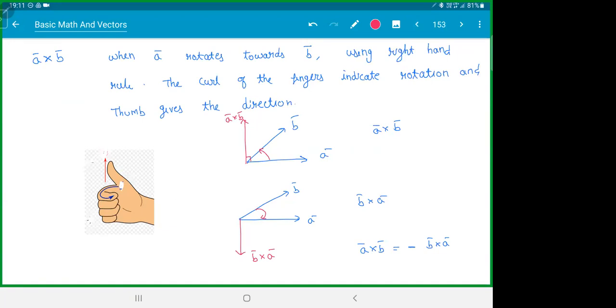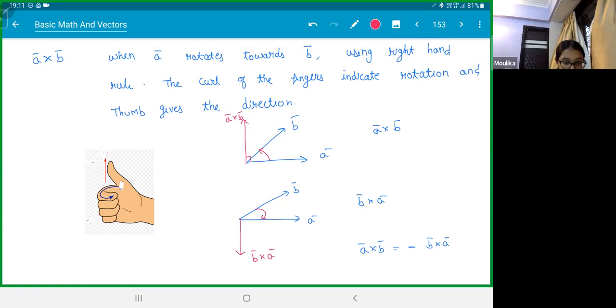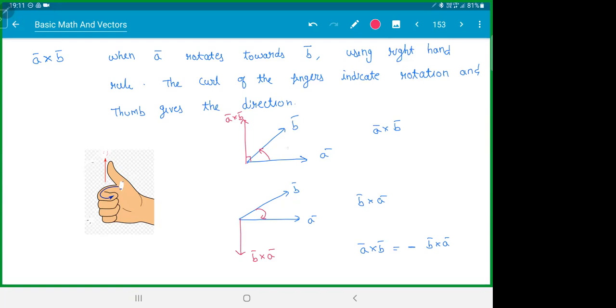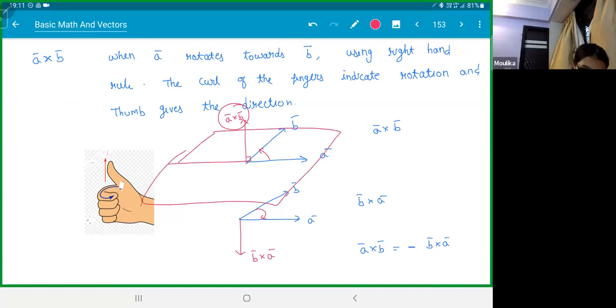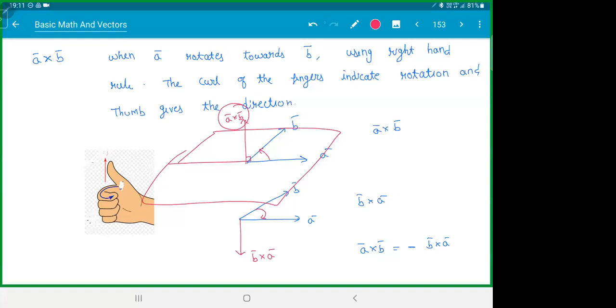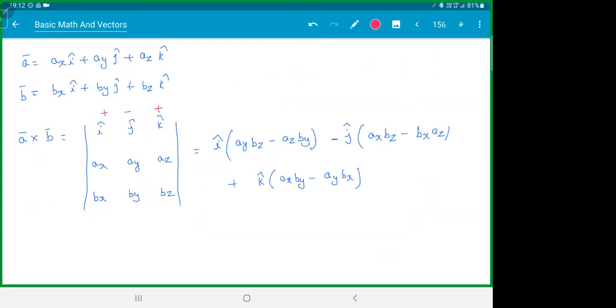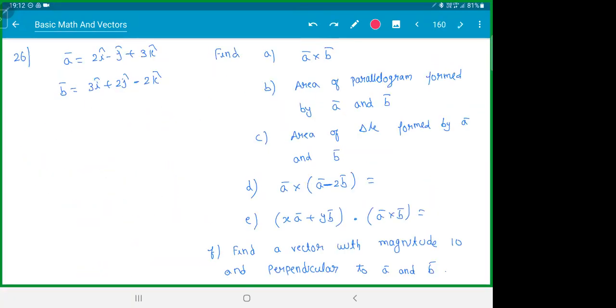Pseudo vector, na? Yes. So when you rotate from A to B, your thumb is pointing out of the paper. So this A cross B will be perpendicular to this entire plane, isn't it? Okay. Sure, Malika? Yes, sir. That was the definition of A cross B. It's a pseudo vector which is out of the plane created by A bar and B bar. Still, the question is not over. There is one more in this, F.